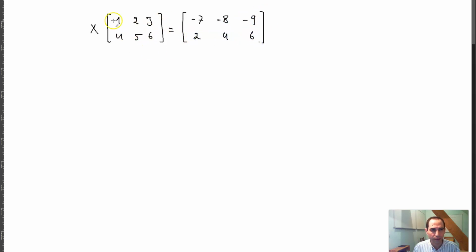And you can see that this is a 2 by 3 matrix. This is a 2 by 3 matrix. That means that, of course, matrix X has to be a something by 2 matrix, because these two numbers have to be the same. And then this 2 comes from the number of rows of X, so this has to be a 2 by 2 matrix, right?